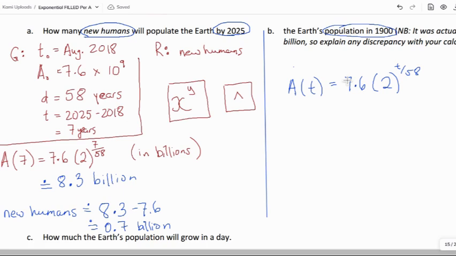But here's the question. Let's think logically. If I'm going to 1900, should my number be increasing or decreasing? Significantly, right? I'm going down the exponential curve. Now, how do I make that happen if I have to do 2 to the power of something?